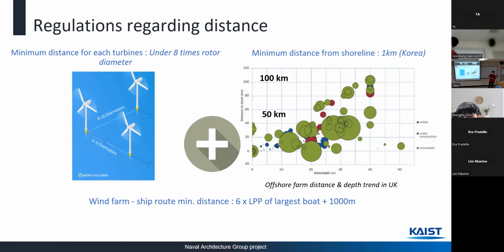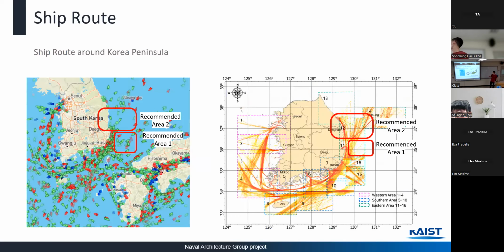That means a wind farm will be really spacious. And since a wind farm should be 6 times the length perpendicular of the largest boat plus a kilometer, we really need to be careful about the commercial route and to be very far away from it.